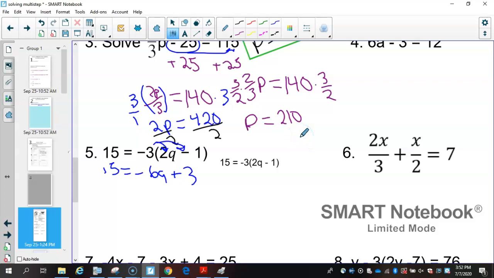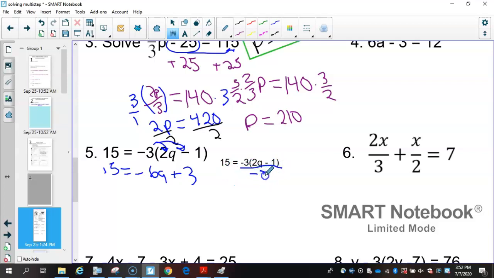But that is not the case. If I looked at this problem and said I could divide both sides by negative 3 and use my division property of equality first before I distribute, that would be perfectly fine to do. There's no law against doing that.